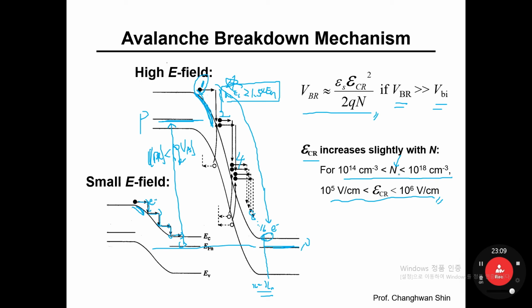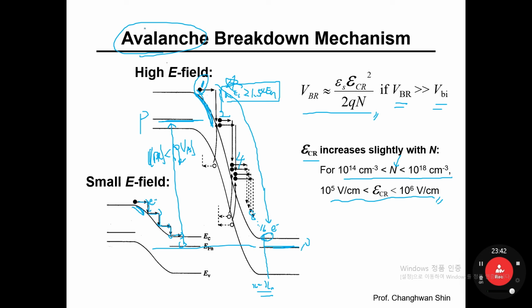Okay. And lastly, but not least, what is the meaning of avalanche? So avalanche means that a very small event happens at the top, but a kind of disaster can occur at the bottom. So this looks like an avalanche happening on a mountain. Okay, so similar physics can be found in the PN junction diode under reverse bias.